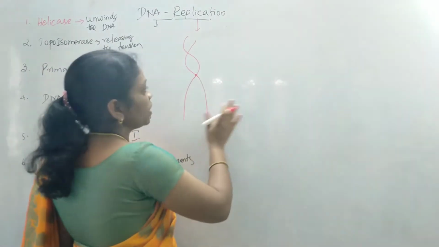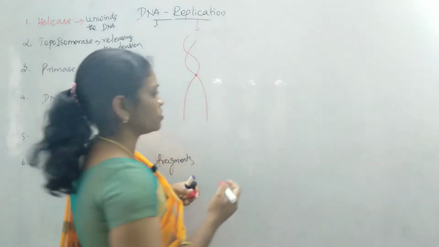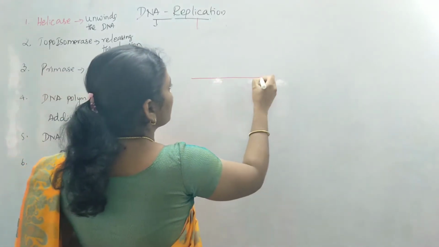I will draw the diagram here so that you can understand the replication process. This is the DNA strand.